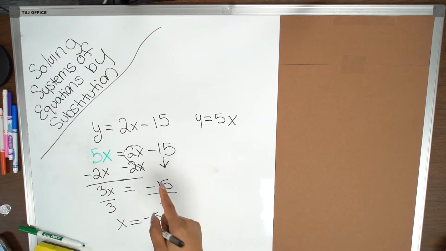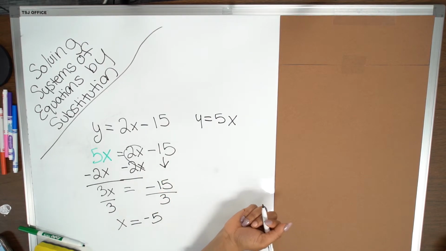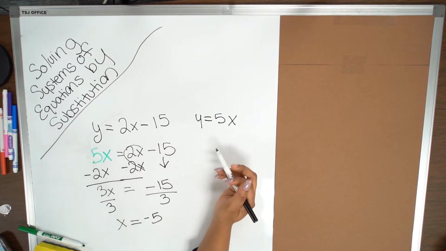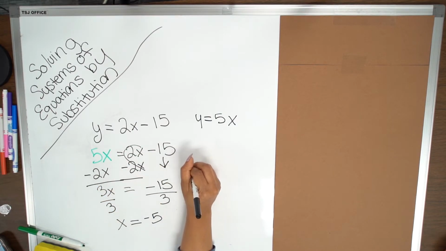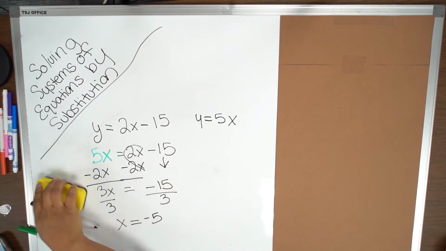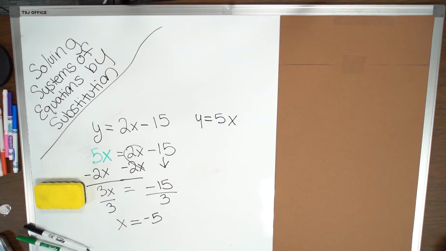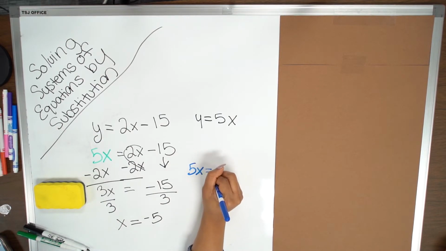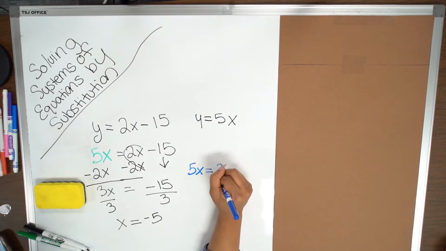So let's substitute to make sure we are right. So this is our problem, but we know that y is 5x. I'm going to write it over here. So 5x equals 2x minus 15.